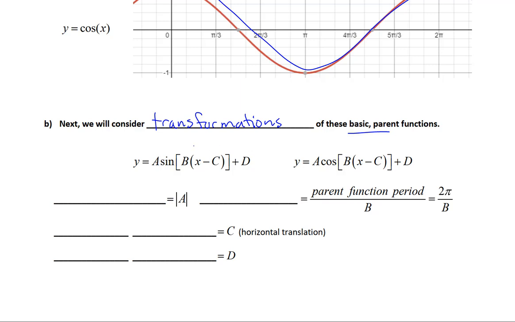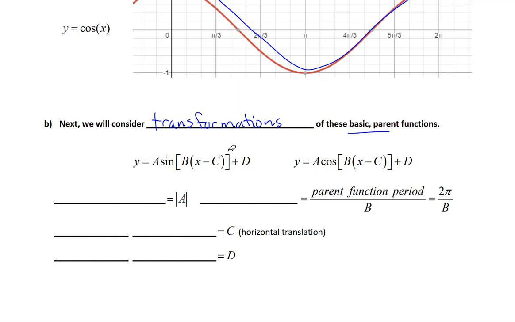For sine, we could say y equals A times the sine of B times (x minus C), and then plus D. Now, the way that the brackets or parentheses are interacting, especially in the middle, is important, so carefully study these.